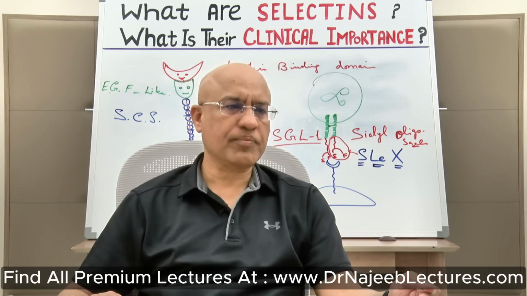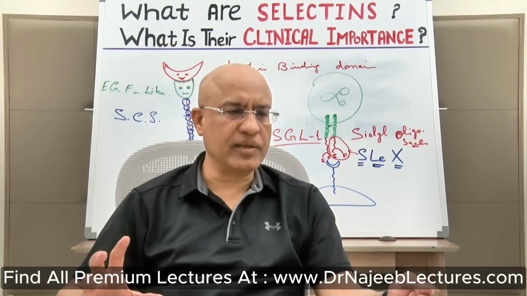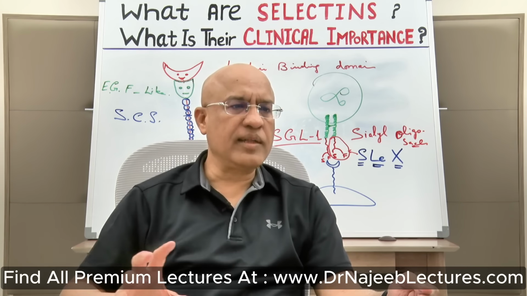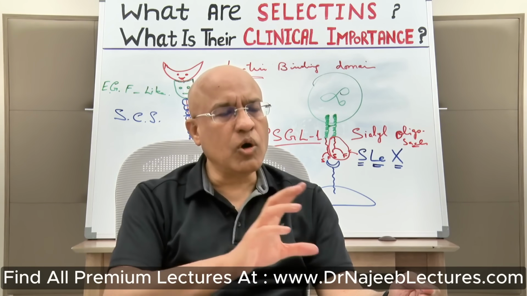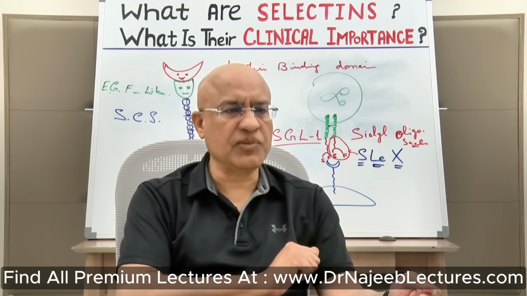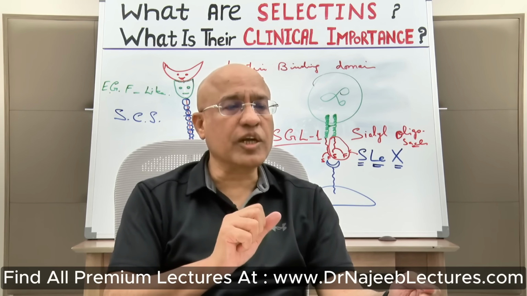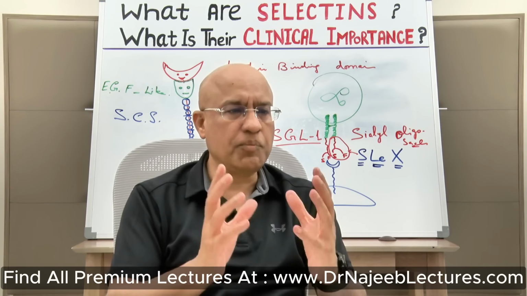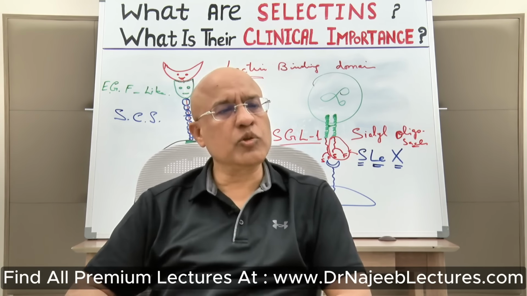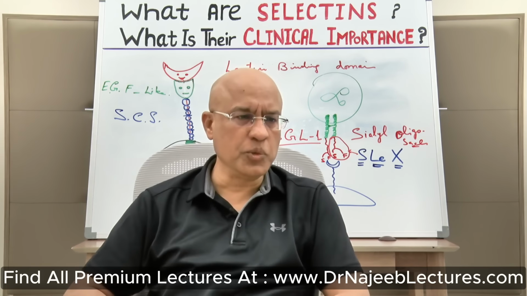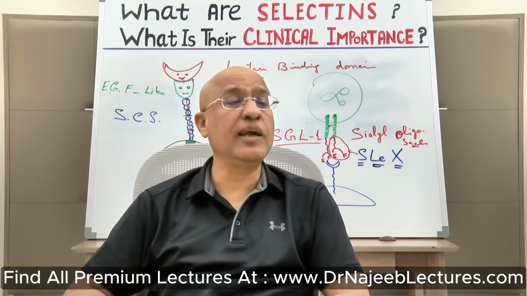What happens? Lymphocytes expressing the L-selectins, when via the circulation they are carried to lymph nodes or to the Peyer's patches, for example, there they stick to the endothelium. For example, in the lymph node, when lymphocytes reach high endothelial venules, these are special venules present in lymph nodes, and they show plump or cuboidal endothelial cells.